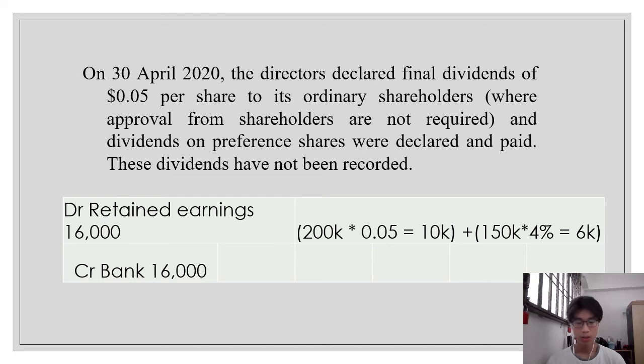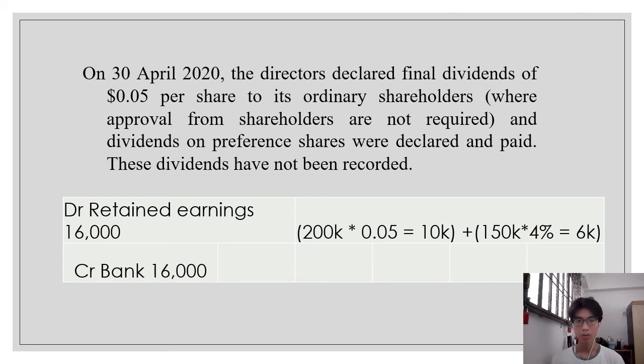For the next journal entry, the question states that on 30th April 2020, the directors declared final dividends of 5 cents per share to its ordinary shareholders, and dividends on preference shares were declared and paid. These dividends have not been recorded. Since it is a dividend payout, therefore we debit retained earnings, and there are 200,000 holders of ordinary share capital.